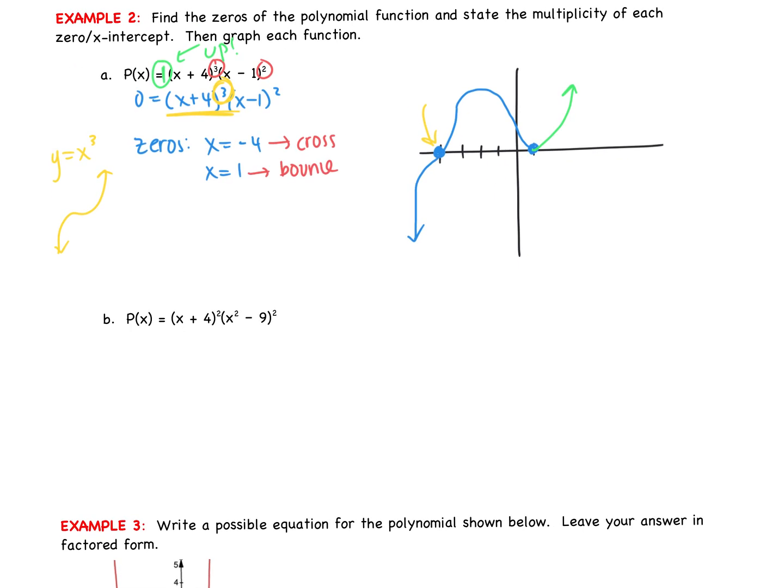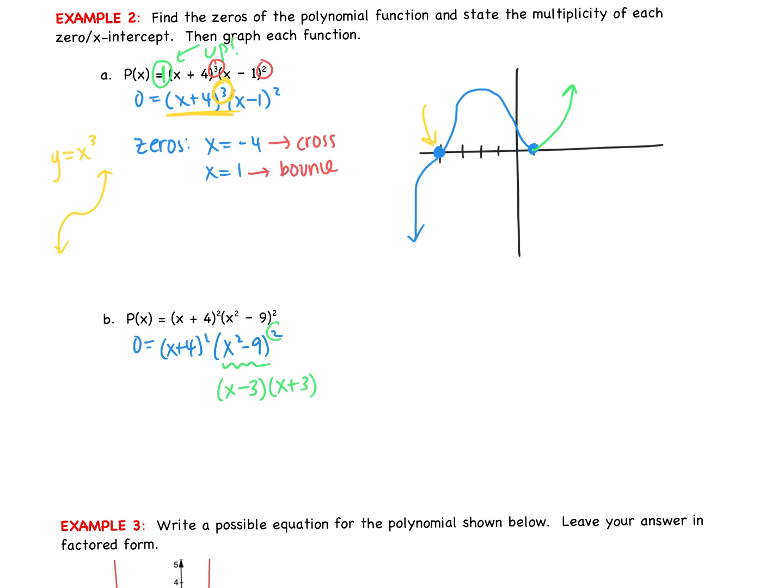So the last one is B. We're going to start by finding the zeros like we have with every other problem. So we have (x+4) squared, and then we have (x squared minus 9) squared. This one's different than the other ones we've done because this x squared minus 9 factors. X squared minus 9 is (x minus 3)(x plus 3).